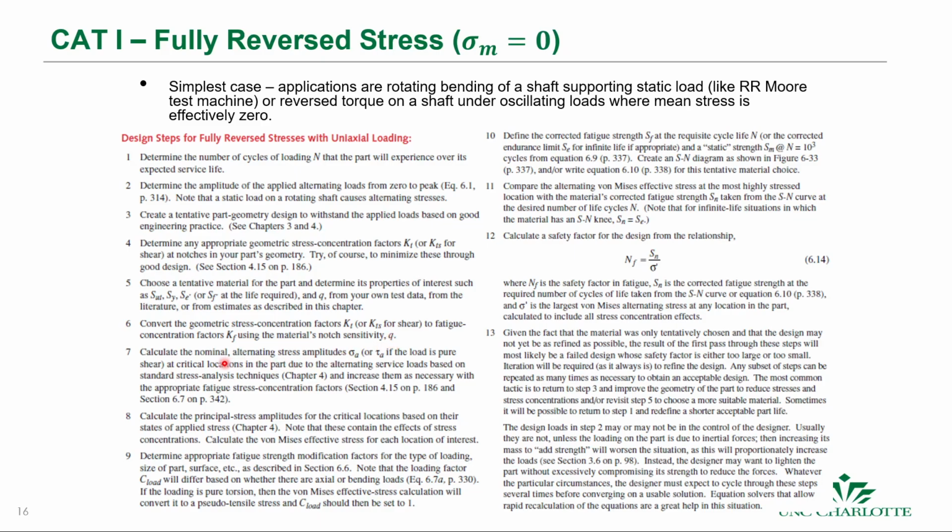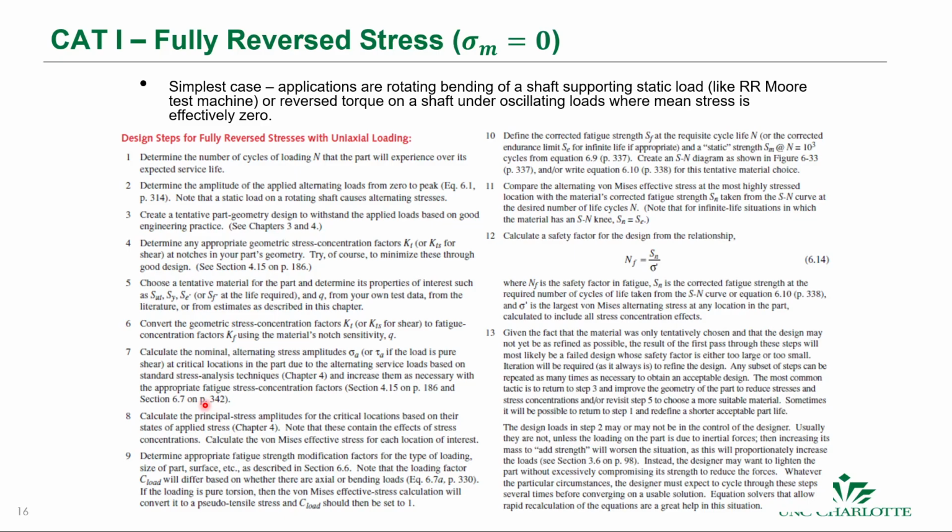Okay, so then what we do is we calculate the nominal stresses at those critical loading conditions where we expect the stresses to be the highest. And then we correct them if necessary with the fatigue stress concentration factors like we just talked about.